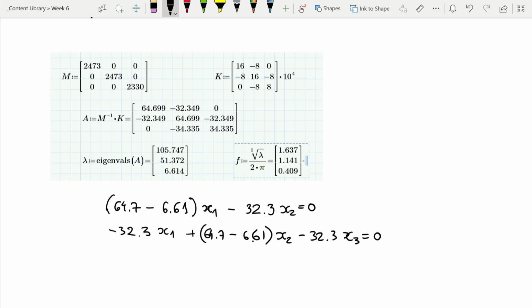So how are we solving this? We can write the third equation, but we don't have to because we have enough. X1 is equal to 1.